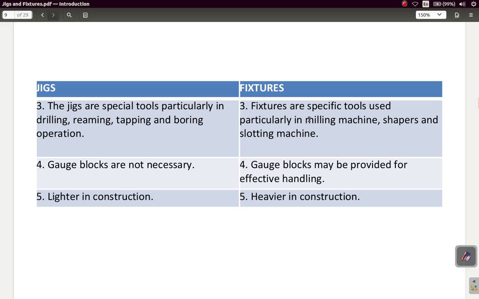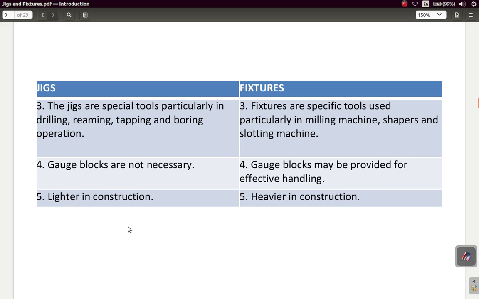Fixtures are specific tools used particularly in milling machines, shapers and slotting machines. For jigs, guide blocks are not necessary, because the jig does its own guiding. For fixtures, guide blocks may be provided for effective handling.